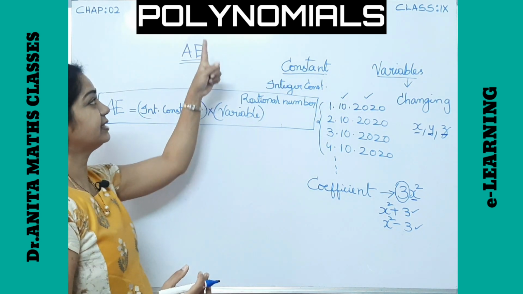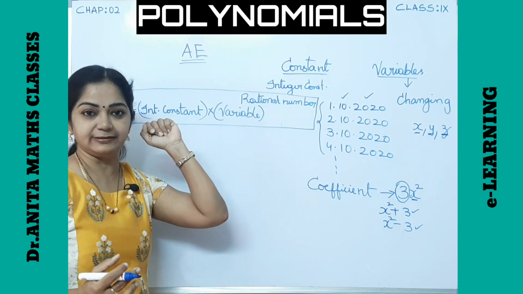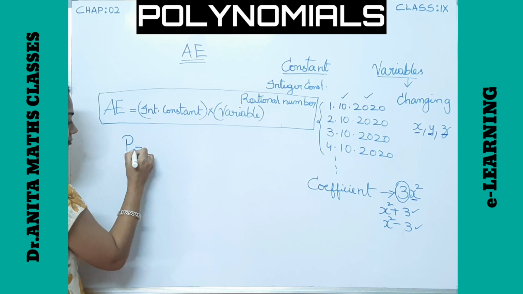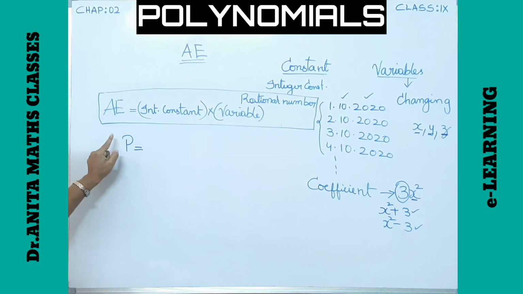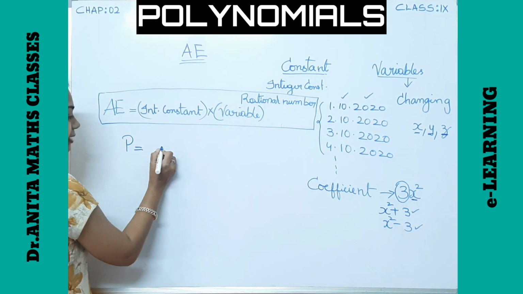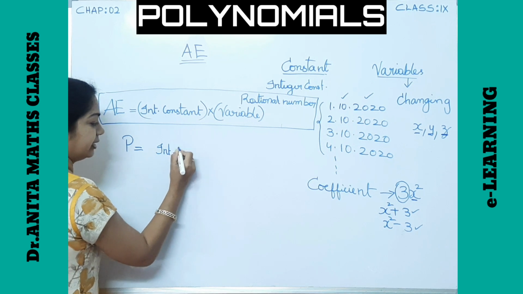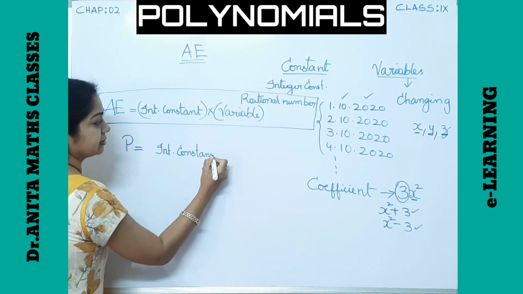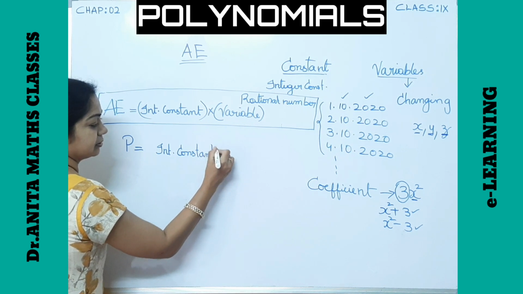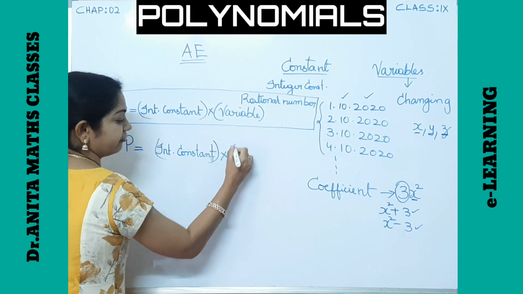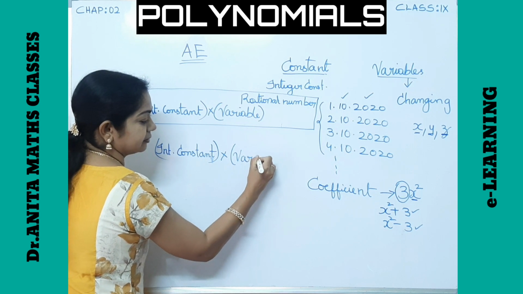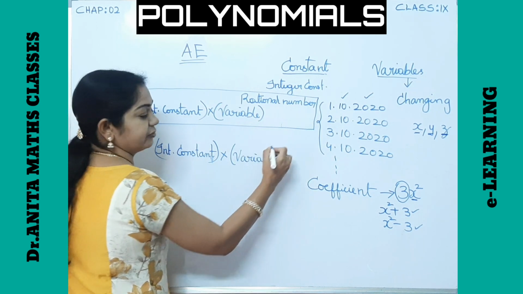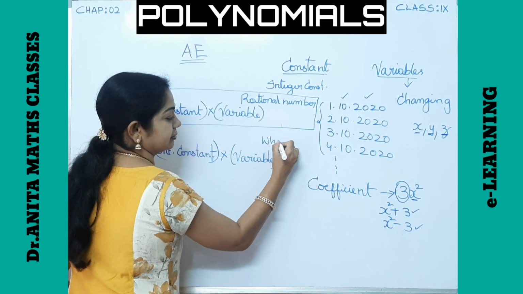Now what is a polynomial? Yes, a polynomial, I'll represent it with p, is nothing but, again, an integer constant into variable raised to the power of a whole number.